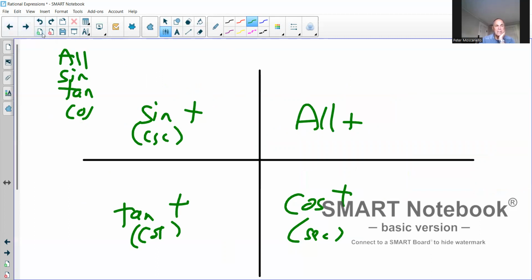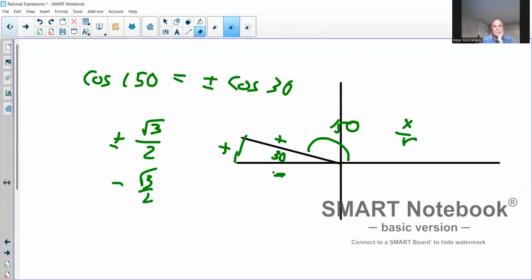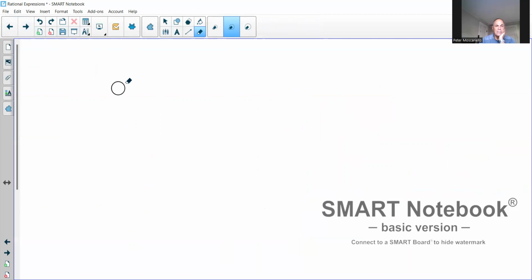All right. How about this one? Let's just do the one on the sheet. Cosecant 225. Okay. I don't memorize anything with cosecant, but I memorize sine.